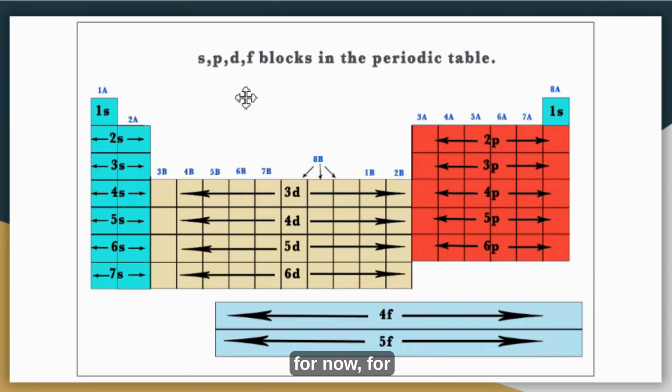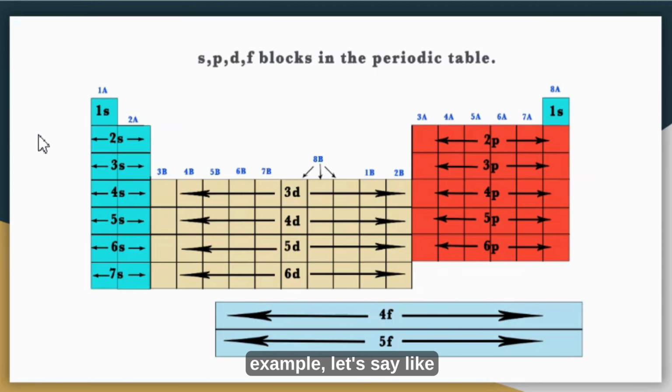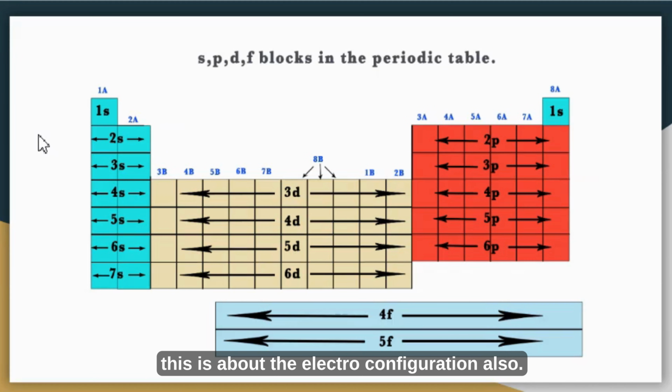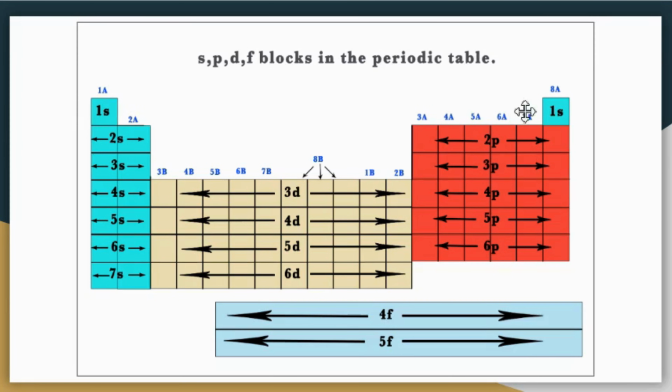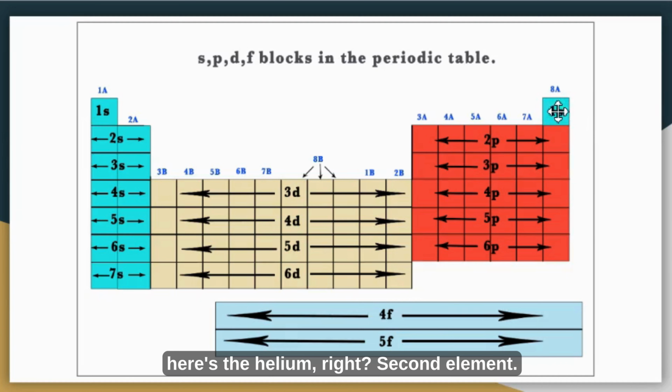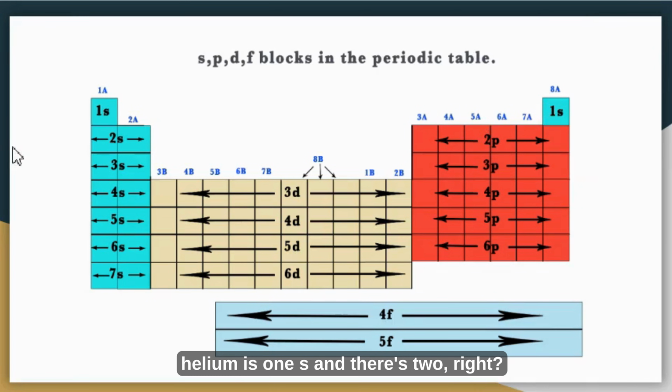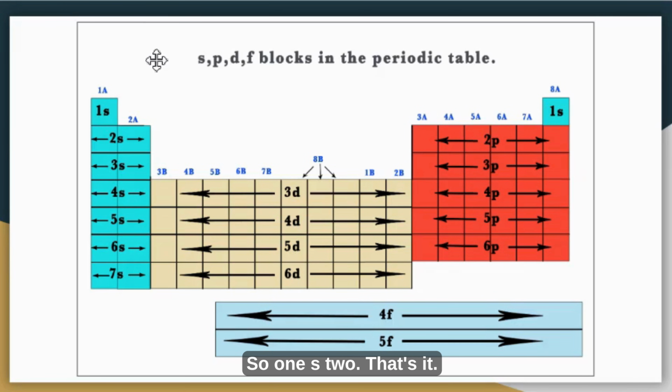So for now, let's say this is about the electron configuration also. For example, here's helium, the second element. The electron configuration for helium is 1s and there's 2, right? So 1s2.